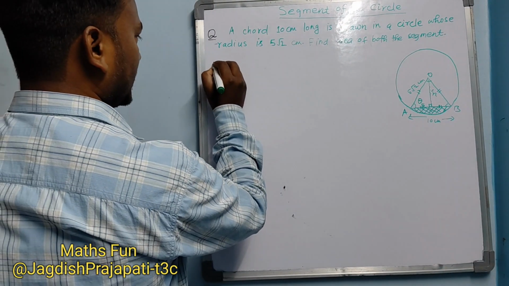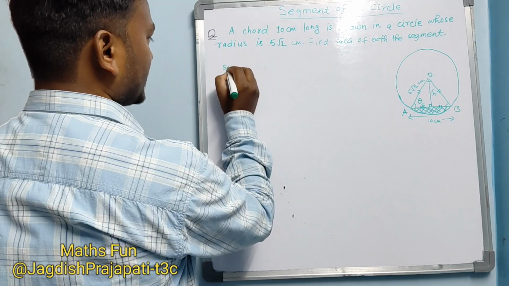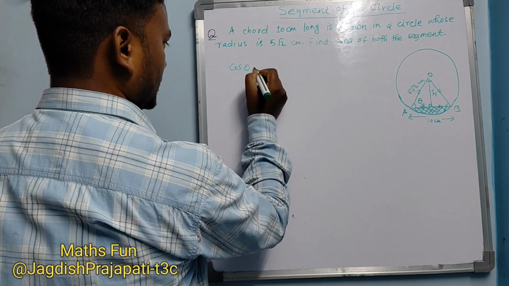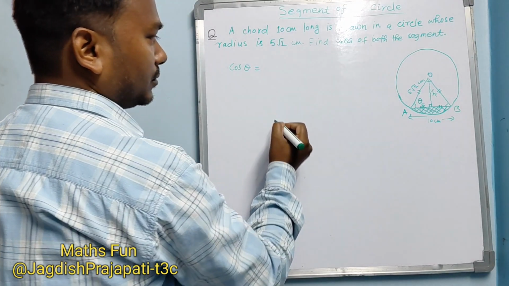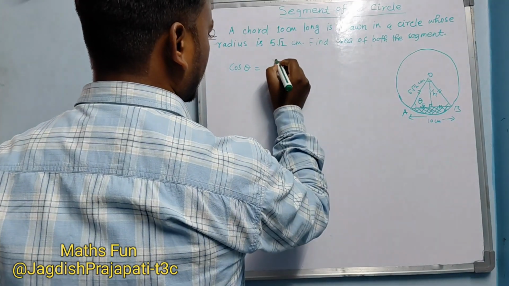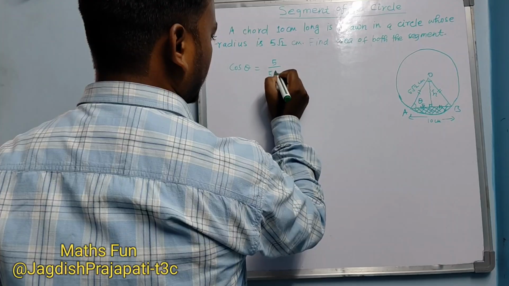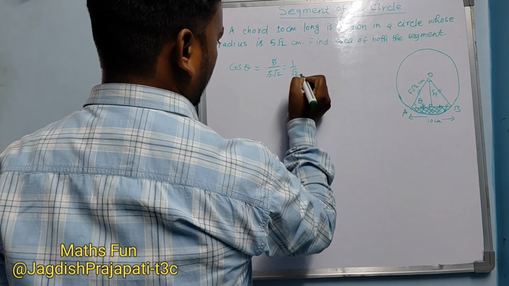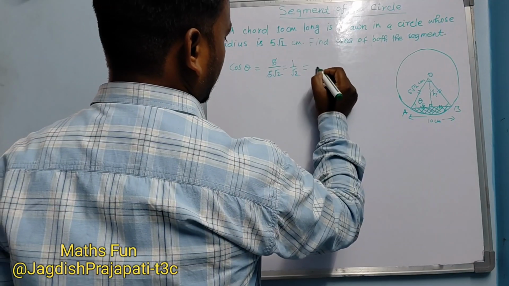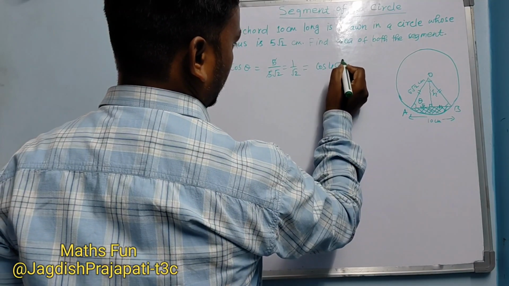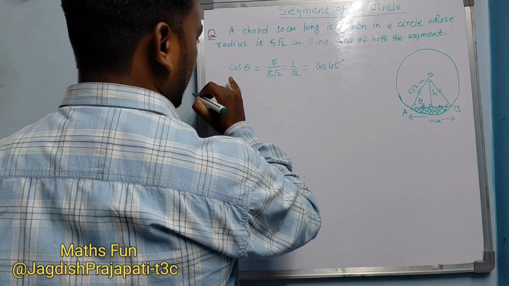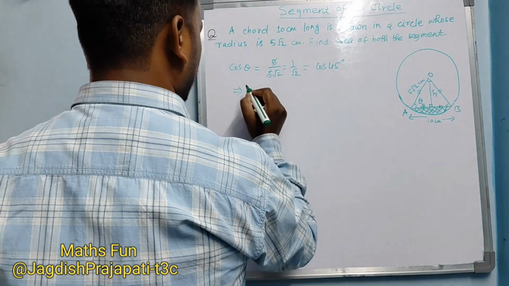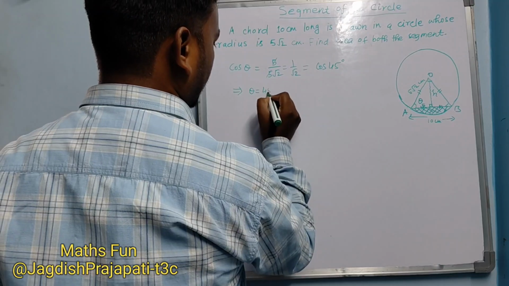So according to the figure, cos theta equal to base upon hypotenuse, 5 upon 5 under root 2. This is 1 upon under root 2, and this is cos 45. So now cos theta equal to cos alpha implies theta equal to 45 degree.